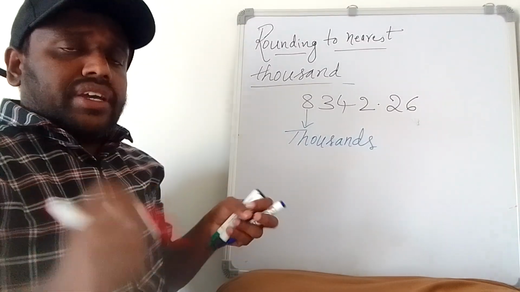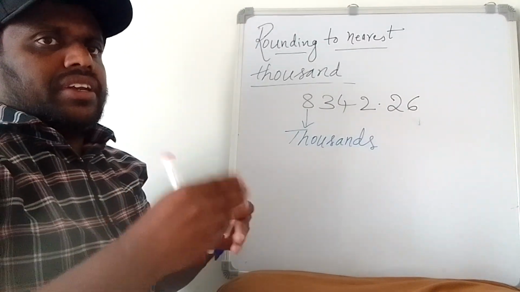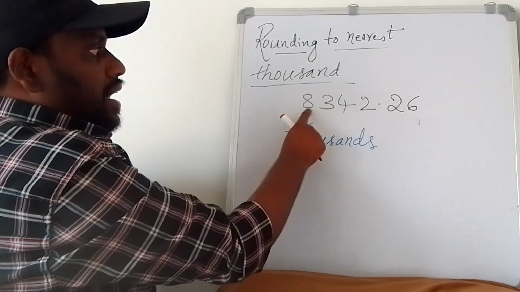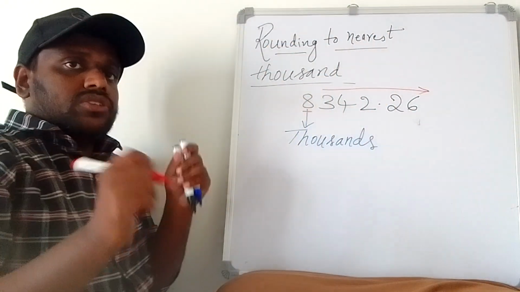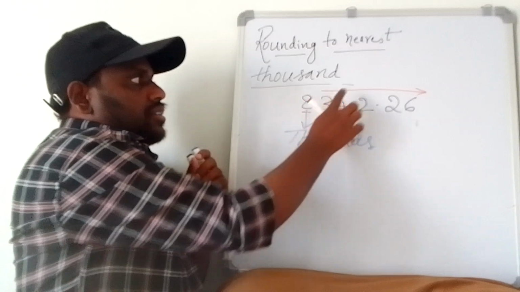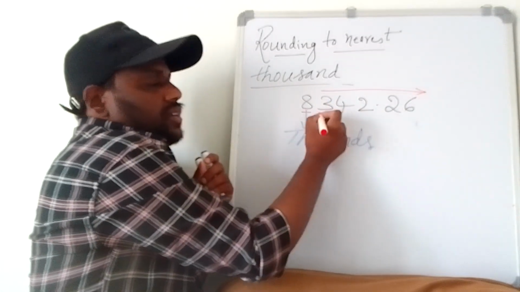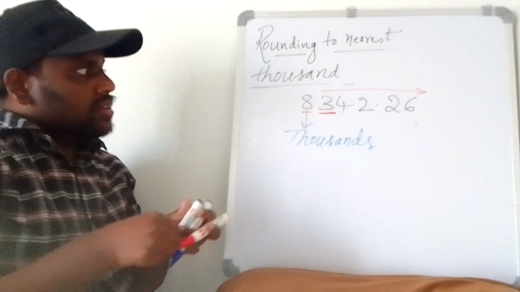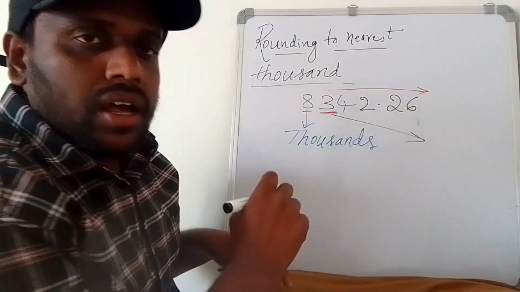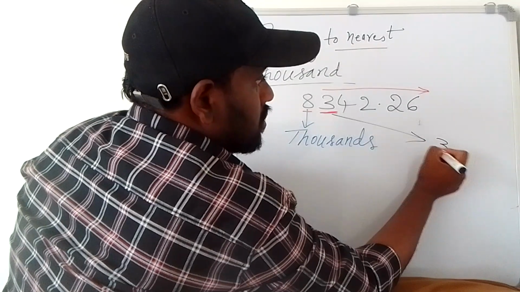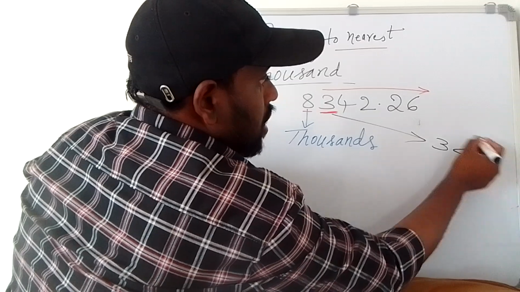Now next, identify the immediate next digit after this 8 in this direction. Which is that next digit? This 3. Okay, we can see this 3 is less than 5.